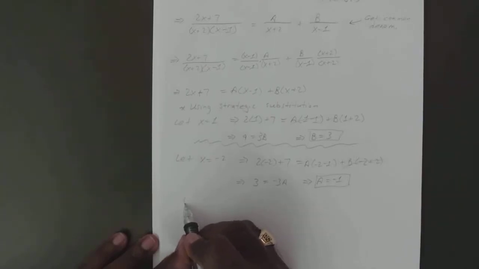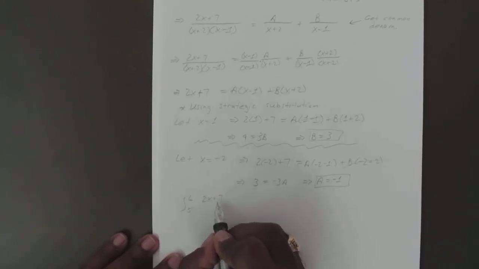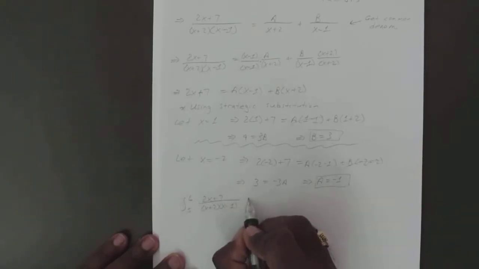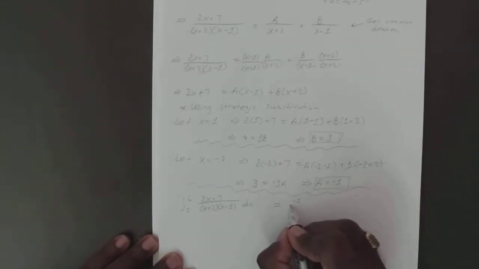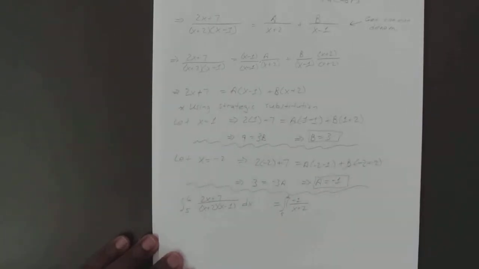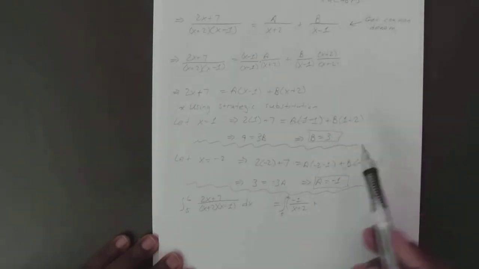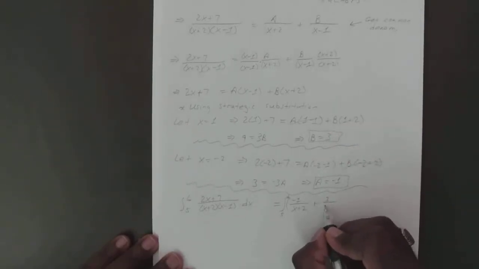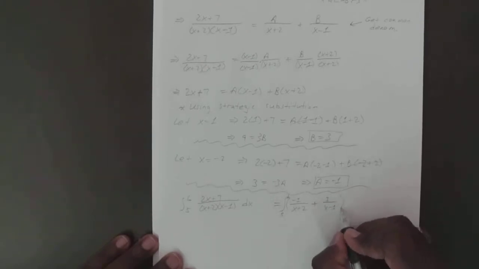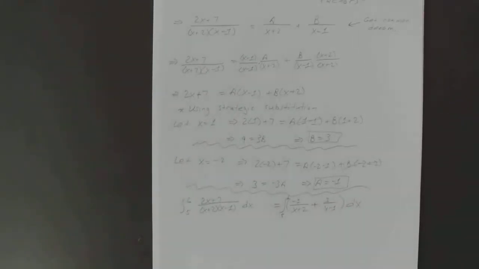So instead of the integral from 5 to 6 of 2x plus 7 over x plus 2 times x minus 1 with respect to x, that's going to equal, for your A, negative 1 over x plus 2, the integral of that from 5 to 6, plus, for B, 3 over x minus 1 with respect to x.